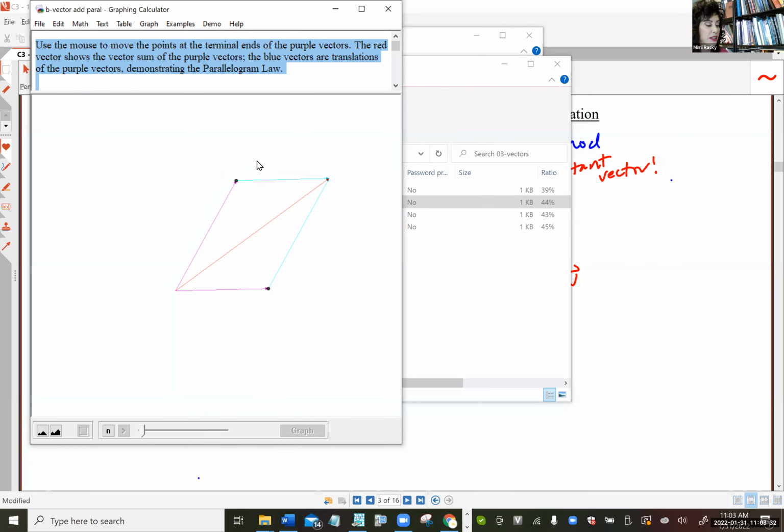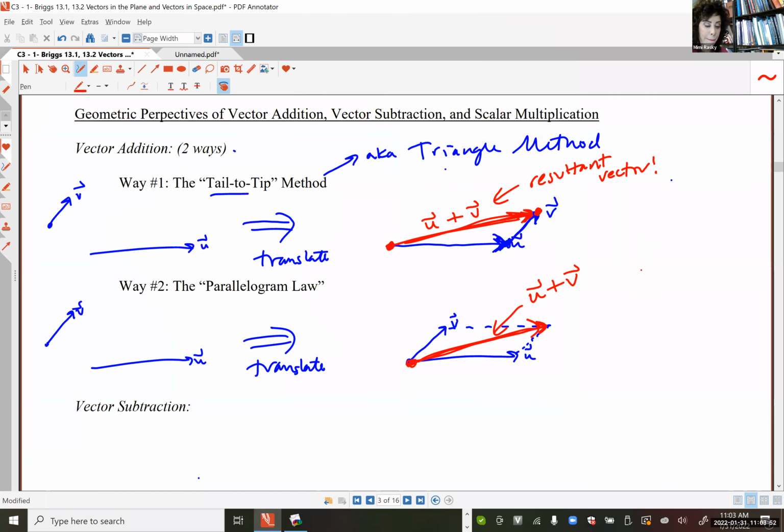If I move one of these down a little bit, you can see that the magnitude of that diagonal changes a little bit. I wonder if I can move it down here. Yeah, still. So you can see the red vector is the resultant vector. It's the sum. Pretty cool, huh? You should be duly impressed.